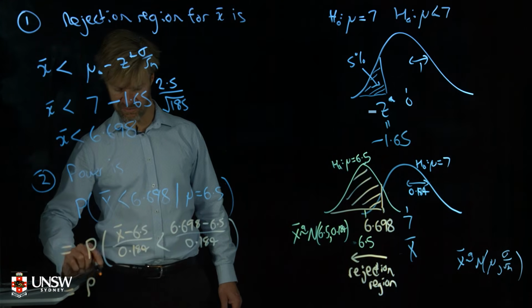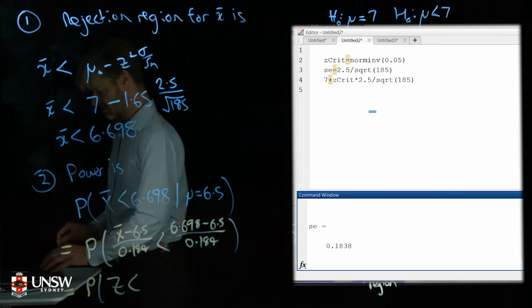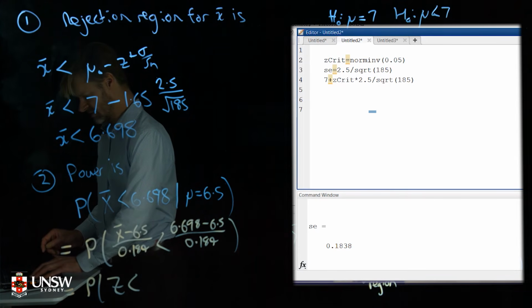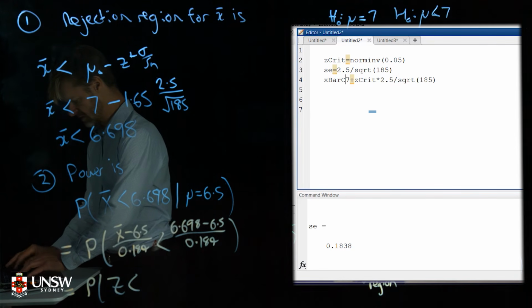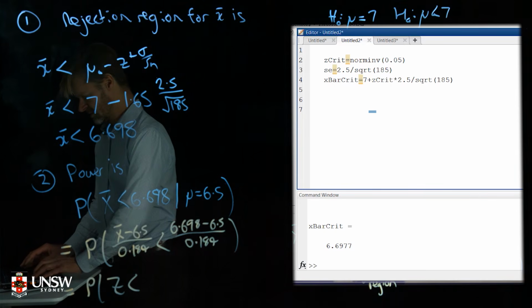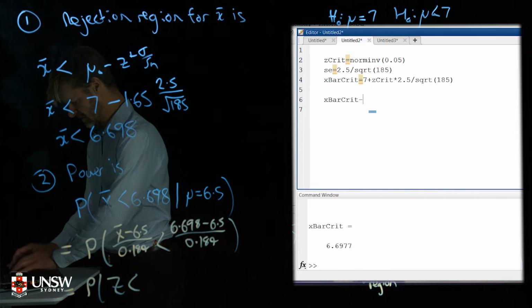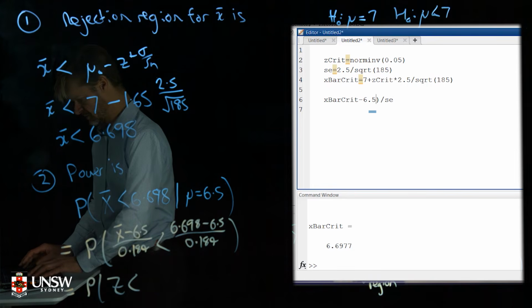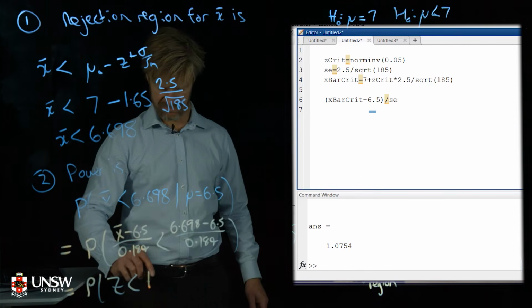So now we've got the probability that z is less than whatever that is equal to. MATLAB can help us with that. The critical value for x bar was 6.698. So I'm going to go x bar crit minus 6.5 over the standard error. That gives us the answer 1.075.